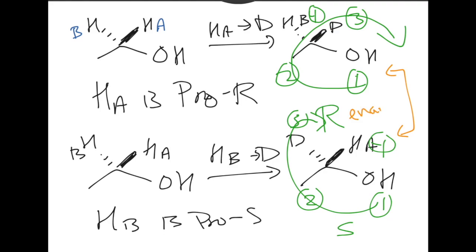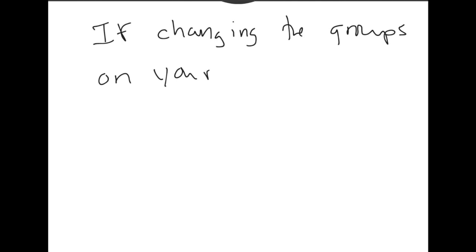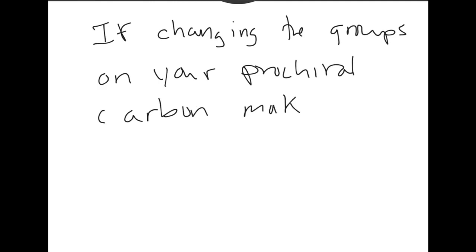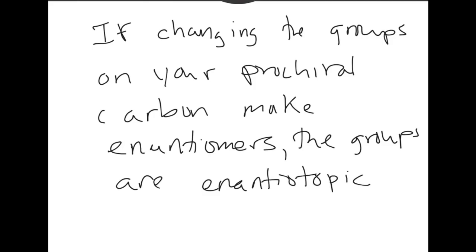So if changing the groups on your prochiral carbon makes enantiomers, the groups are enantiotopic.